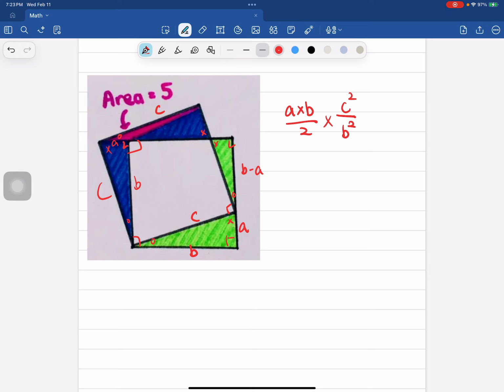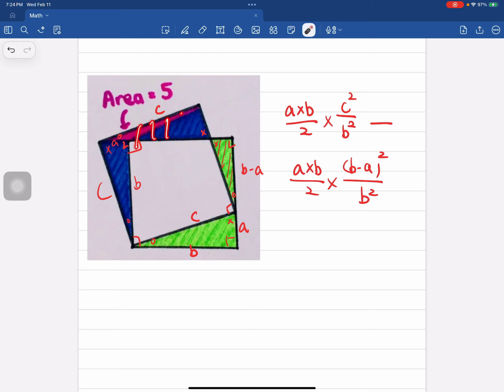And this area right here should be A times B divided by 2 times B minus A squared over B squared. Okay, if you subtract them, then you get the area difference between this triangle and this triangle right here.